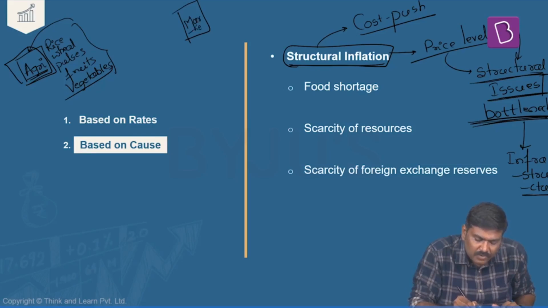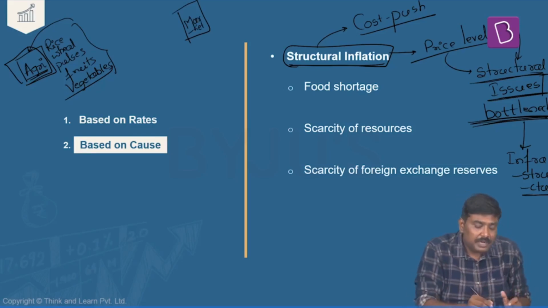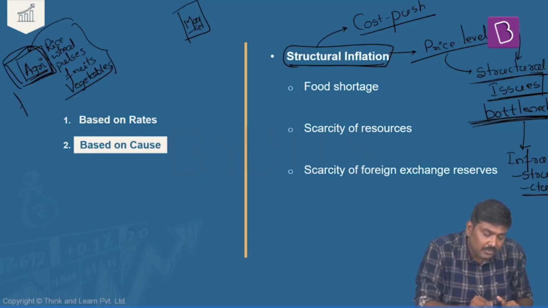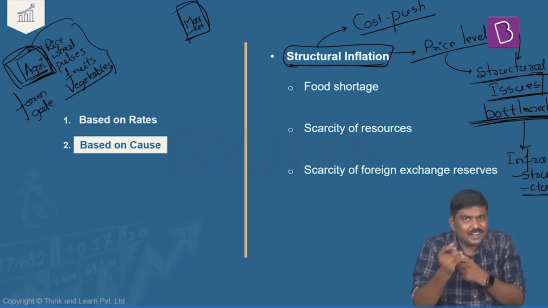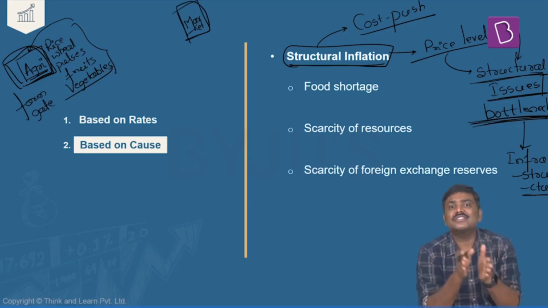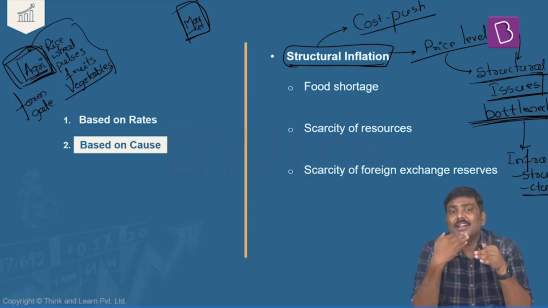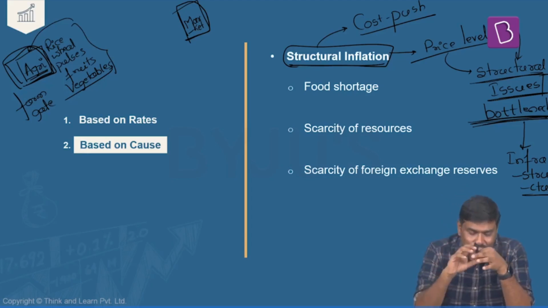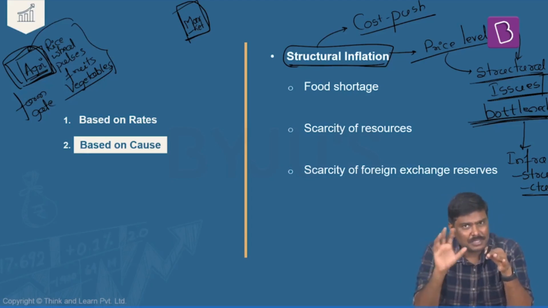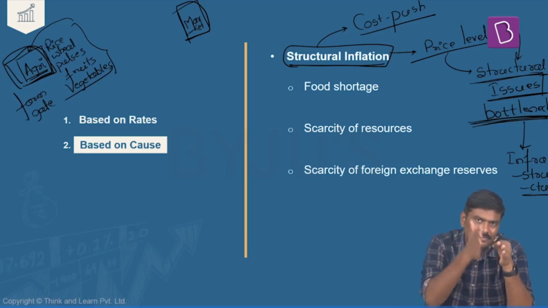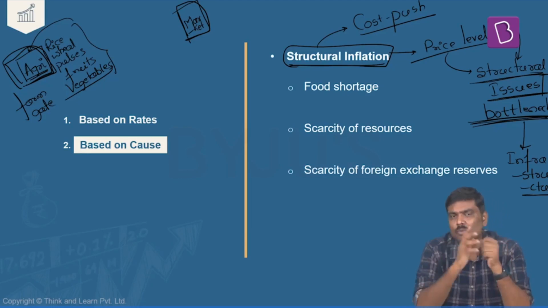But here is the market where all of us are present. Is it okay? Where all of us are purchasing. Between the fields or the farm gate where the cultivation happens and the market where the purchasing and consumption happens, there are various stages. Is it okay? Between the farm gate where the cultivation happens and the market where consumption happens, there are various phases or stages which are involved.